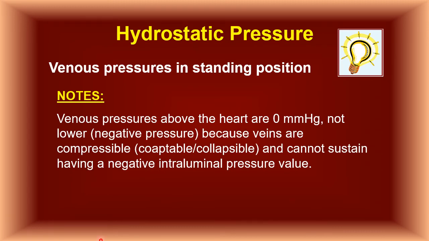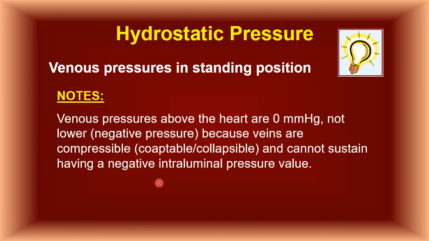When it comes to the pressure above the heart, somebody will say it should be negative, right? It should be negative if we have this in clay type pipes or in metal pipes, but not in veins. Why? Because the veins are collapsible. Collapsible means they are coaptable. They cannot stand to have intraluminal negative pressure.